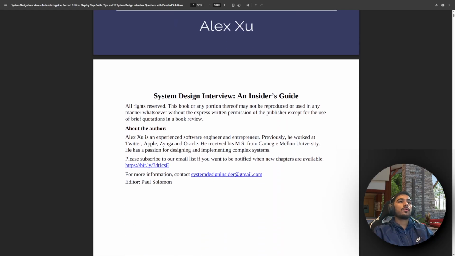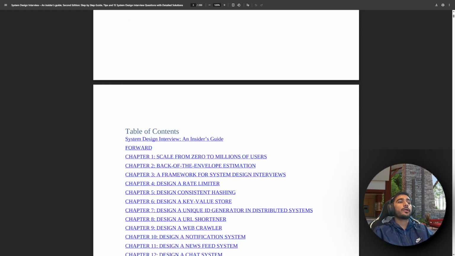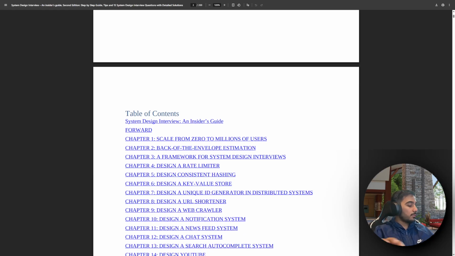Here, we have already gone over scale from zero to millions of users in the previous live stream, and there we went over what a single server setup looks like, what a database is, SQL versus NoSQL and the trade-offs, then how you go towards DB replication, why it is important, how to have a master-slave relationship, and then the use of cache, and how CDN helps you be more available or reduce the time it takes to load your assets.